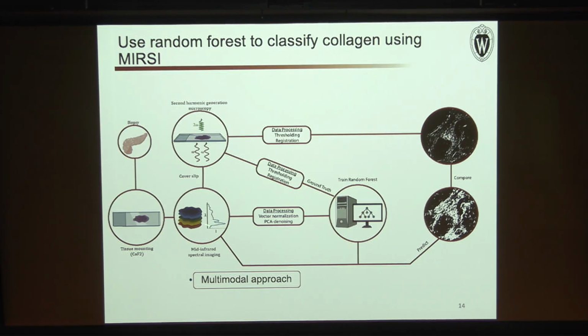And then we image the samples using MIRC, and we image them using a second harmonic generation microscope. And then basically we can combine these two approaches. We can train our model, and then we can predict how the distribution of collagen is. And then we can compare that to the ground truth, which is going to be the signal coming from SHG.